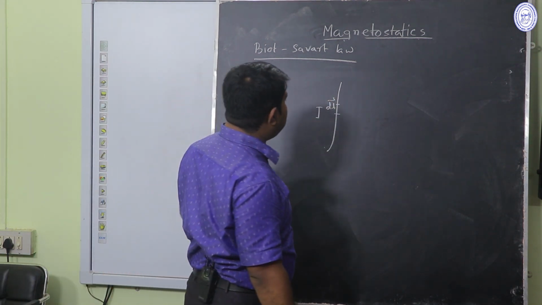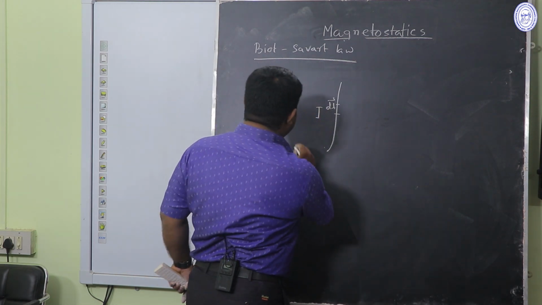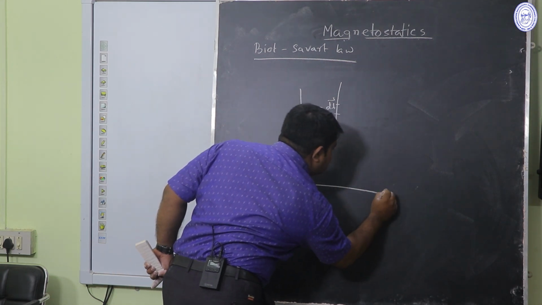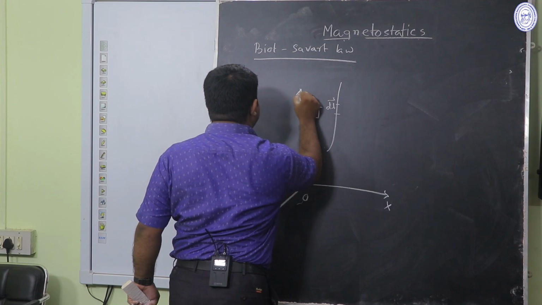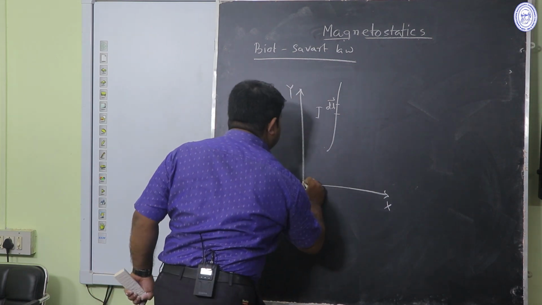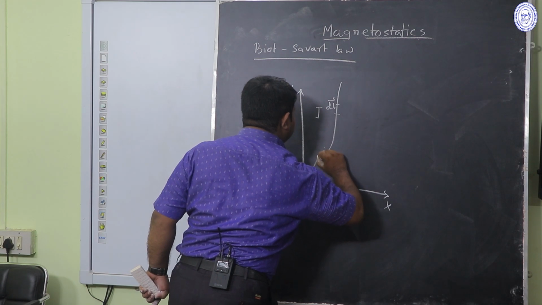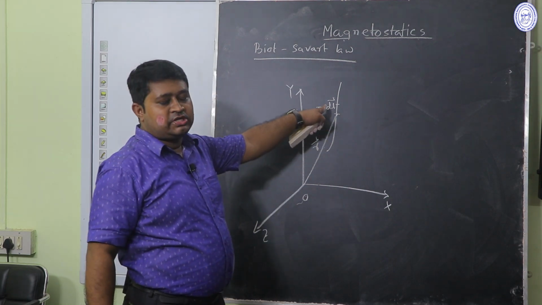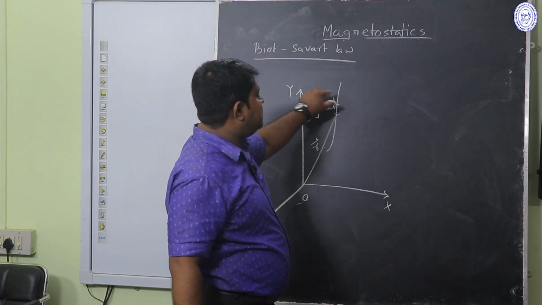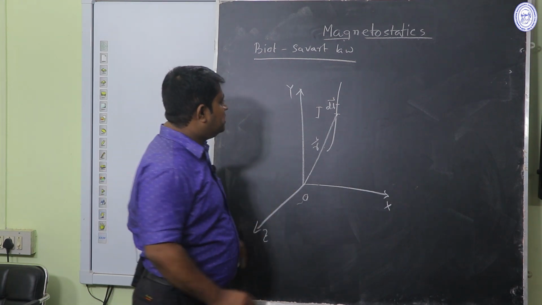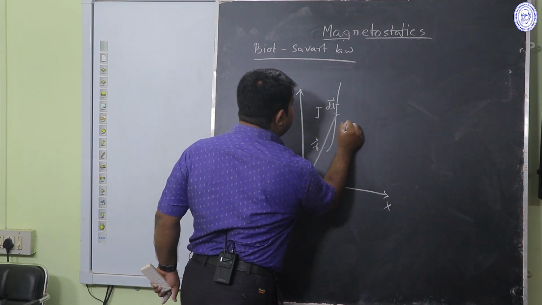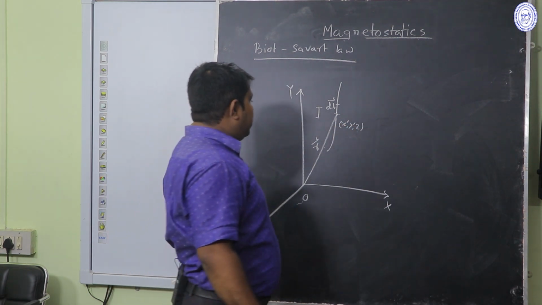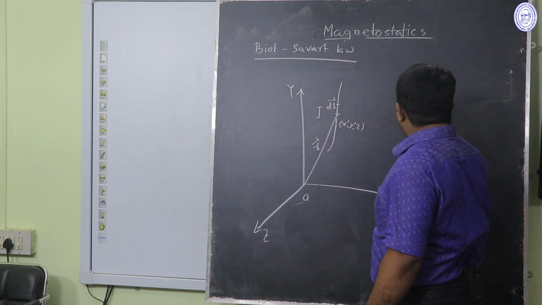Suppose the position vector of the elementary length with respect to some arbitrary origin O is equal to r prime, that is x prime, y prime, z prime. And we consider a point P.